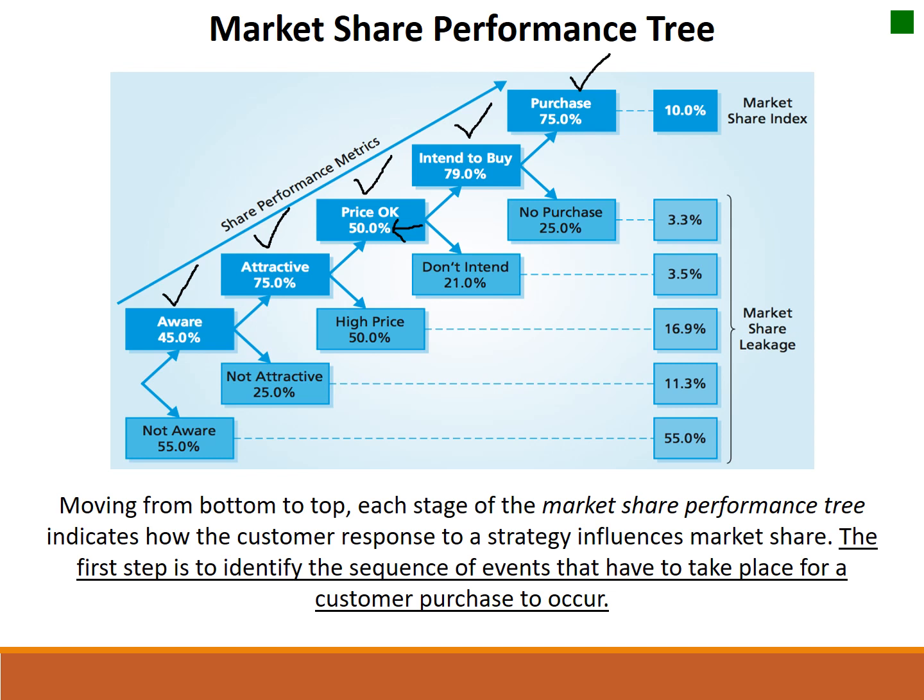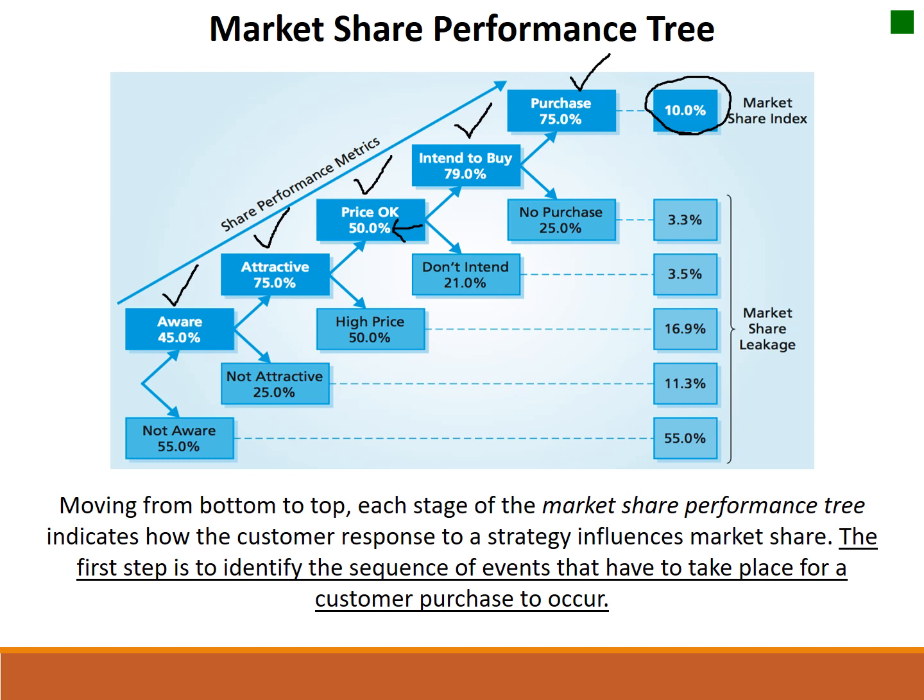If we multiply 45% times 75% times 50% times 79% times 75%, those 5 percentages multiplied together yield 10%, which is in essence a market share number. What we're saying is that if we launch this product and these numbers hold up, then we can expect to capture roughly 10% of the market share.